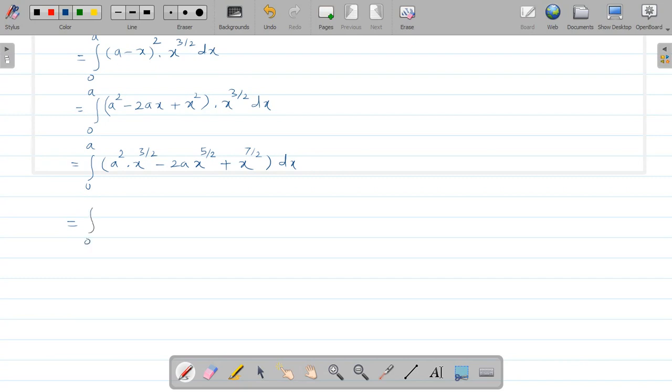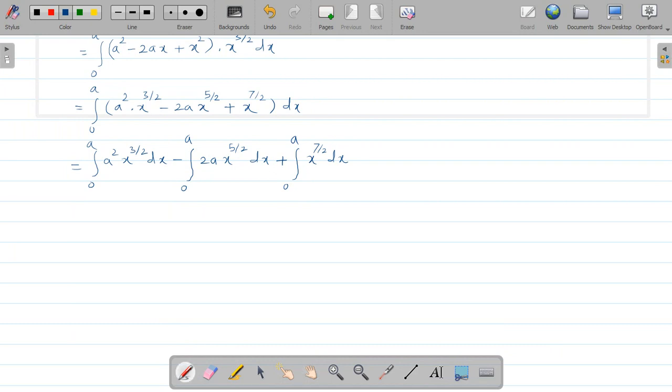Now if you take the separate integration of this, then you will get the answer. So the integration from 0 to a of a² into x^(3/2) dx, we will evaluate the integration of the first term, then minus the integration from 0 to a of 2a into x^(5/2) dx, plus the integration from 0 to a of x^(7/2) dx. So you can solve like this.